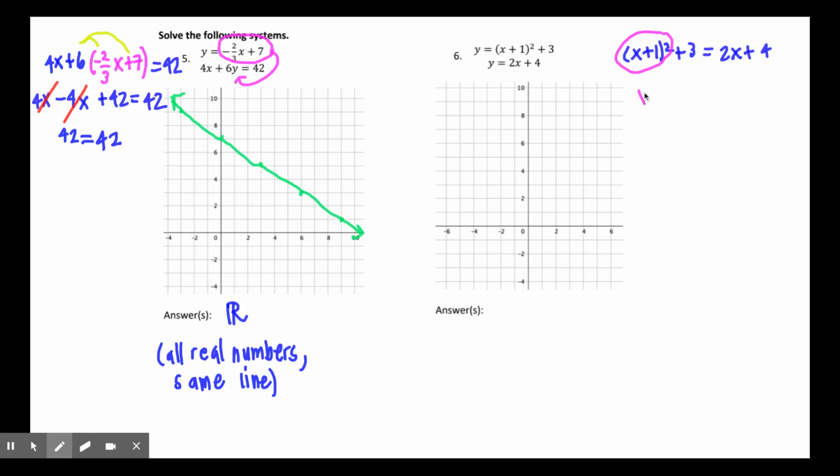So that's x squared plus 2x plus 1 plus 3 equals 2x plus 4. And let's just simplify this left side. So that's x squared plus 2x plus 4 equals 2x plus 4.